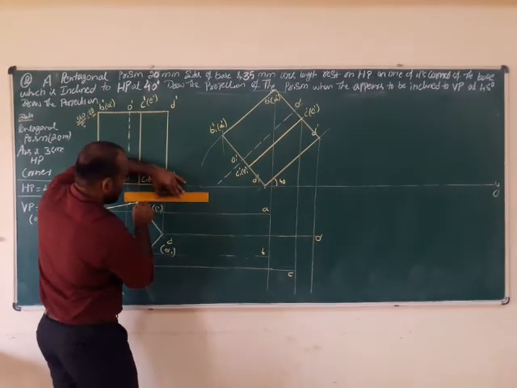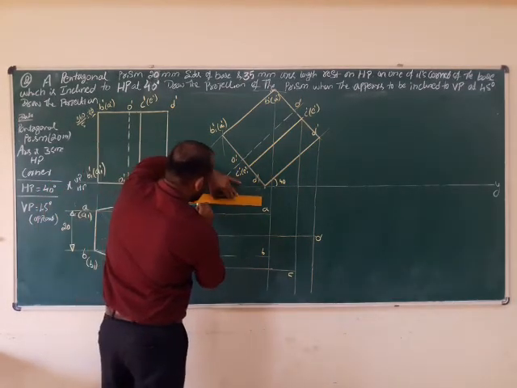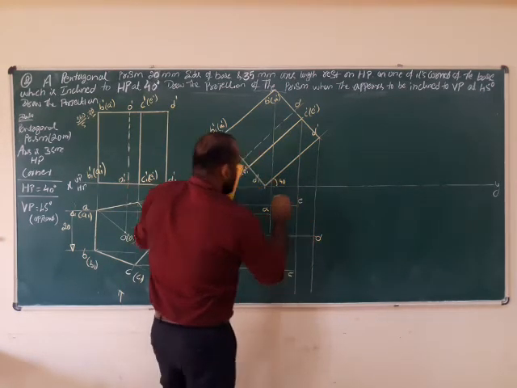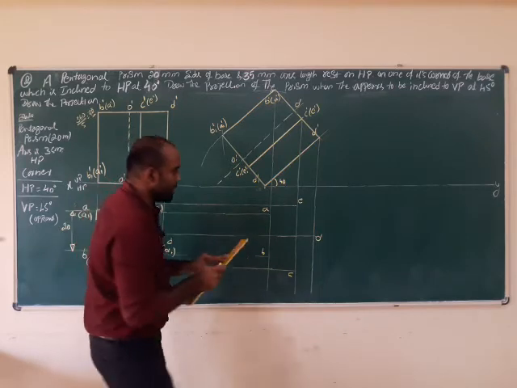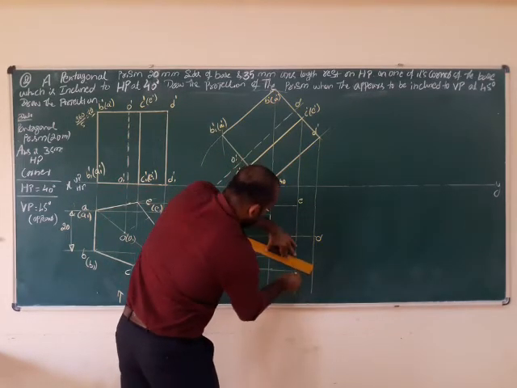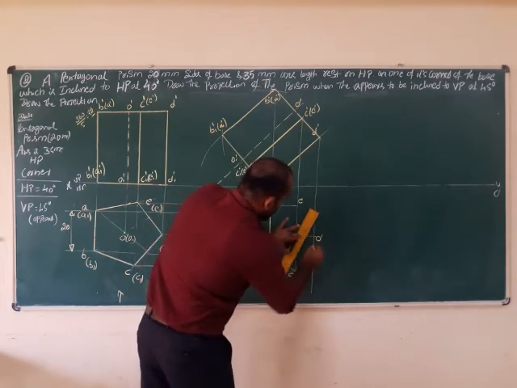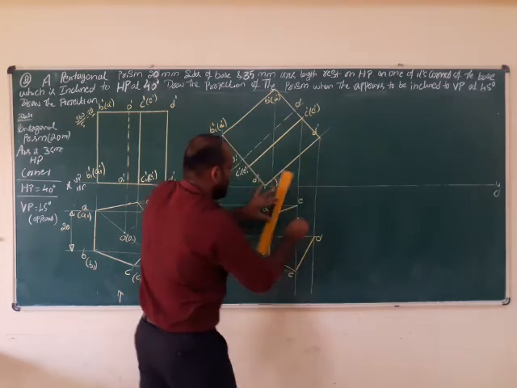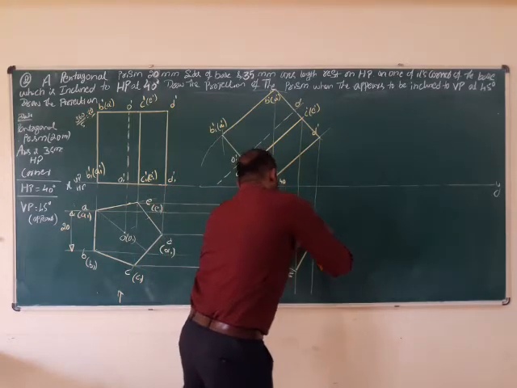E here to project. Just you have to join A, B, C, D, E. A to B, B to C, C to D, A to E, and E to D. This is one pentagon.